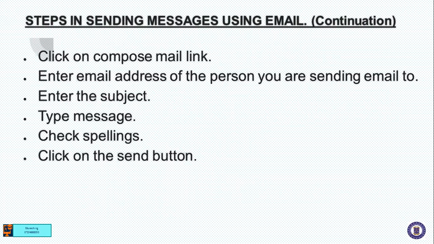But the moment they display message sent, that is to say your mail has been sent successfully. Do you understand me? And the other person will receive your mail as soon as the person also logs into his or her own Gmail account.